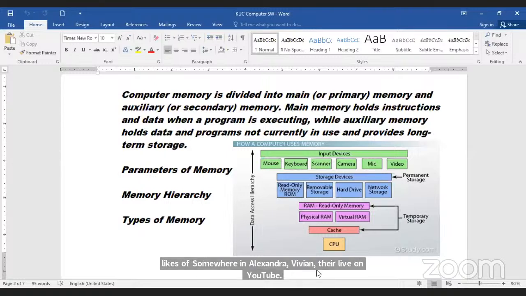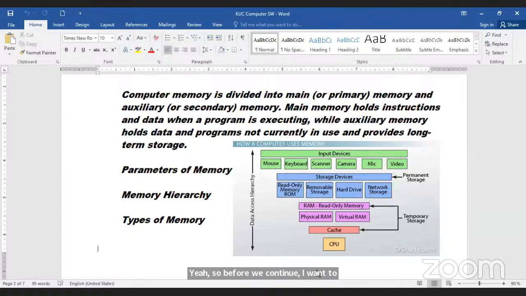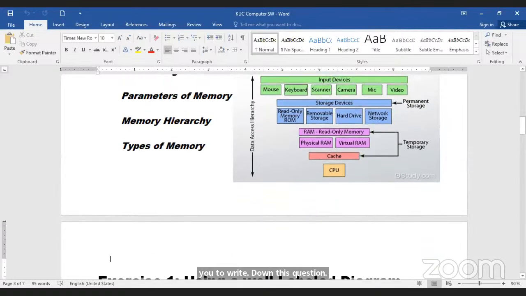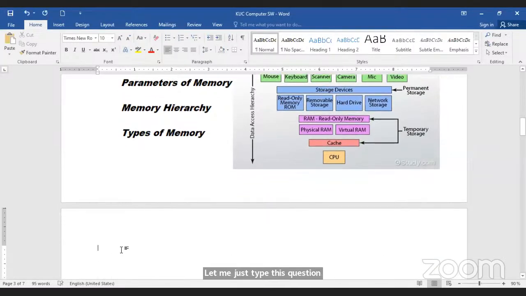Before we continue, I want you to write down this question. Describe the booting process of a computer.